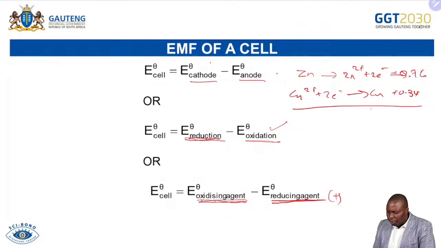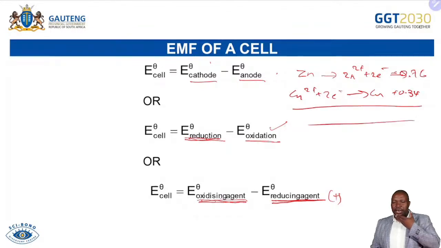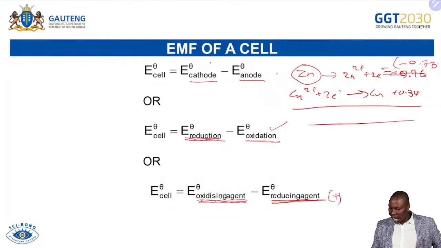For a spontaneous reaction, remember the zinc reaction, you have reversed it. On the anode, we always reverse the reaction. So because we have reversed it, I can come next to this negative 0.76, put another negative there and add the 2 numbers. The 2 numbers will give me 1.1 volts.